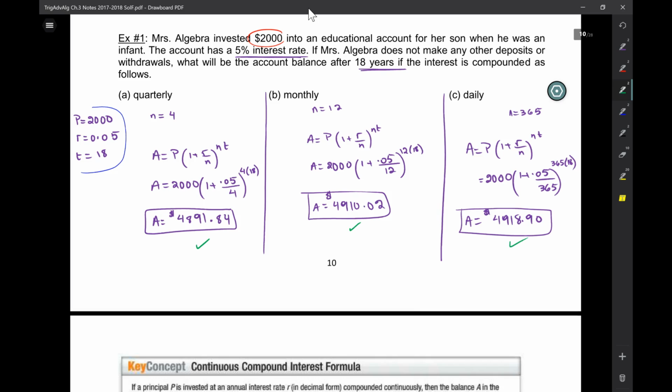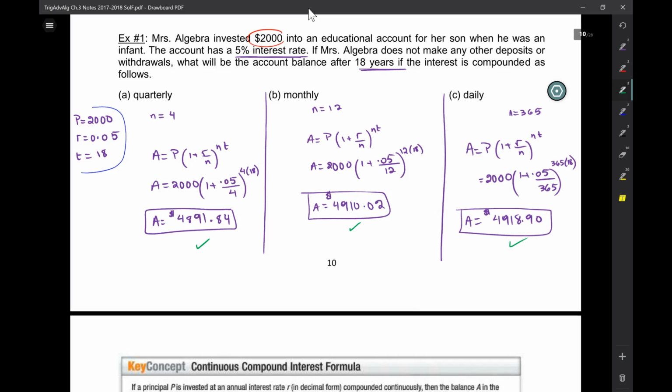Now, what if you're just like, okay, you know what? This is not enough. I need to make more money. Can't you pay me more than 365 times a year? And the representative at the bank goes, okay, how about if we pay you every nanosecond of every minute of every day?